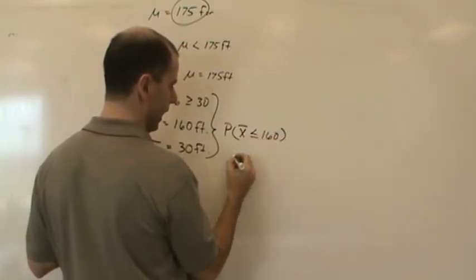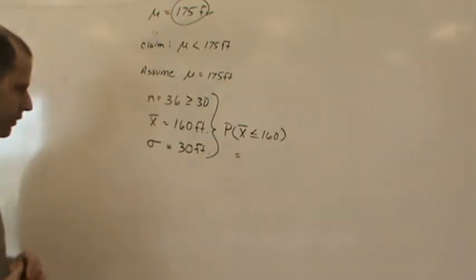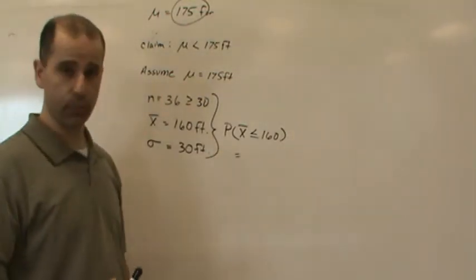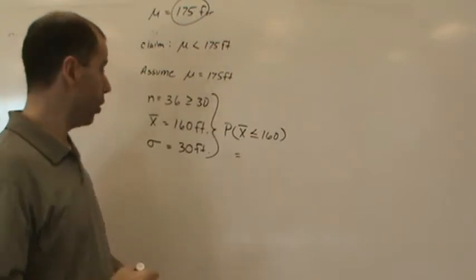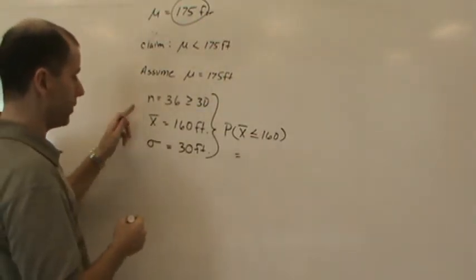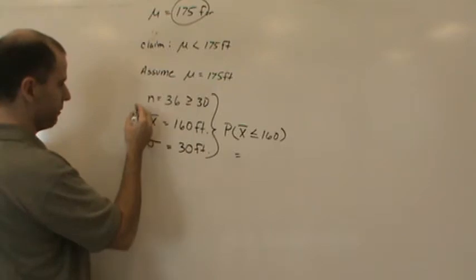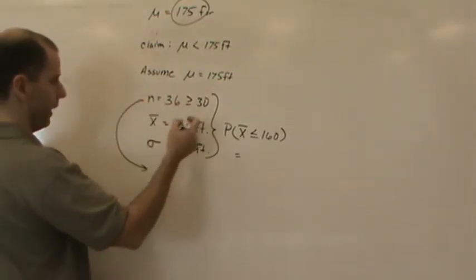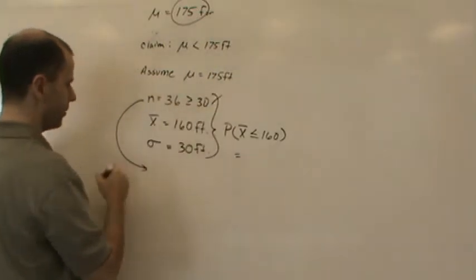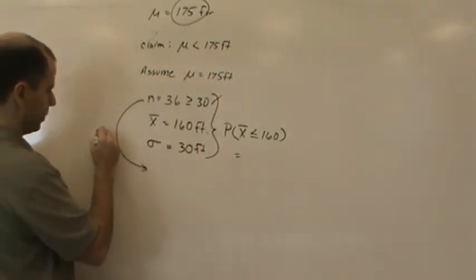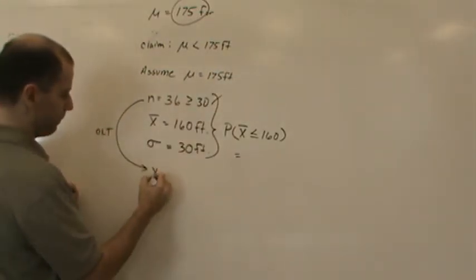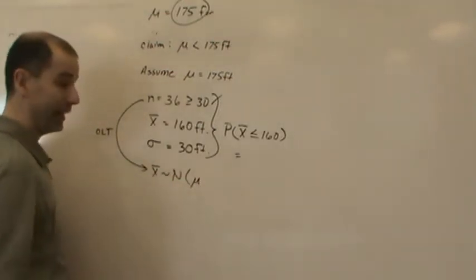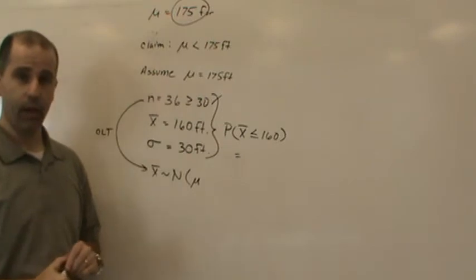160 feet. Now, this is where chapter 7 comes back, because we need to know the distribution of x bar, right? So again, x bar is normally distributed because n is greater than or equal to 30. By the central limit theorem, x bar is going to be normally distributed with a mean of, now, here's where the assumption comes in.